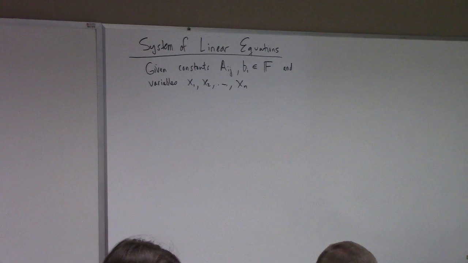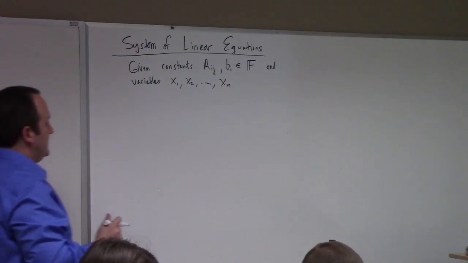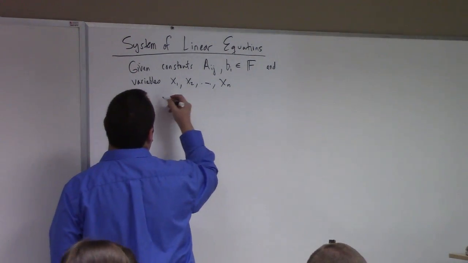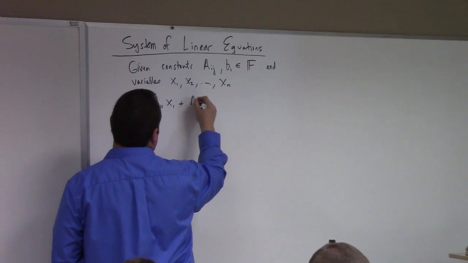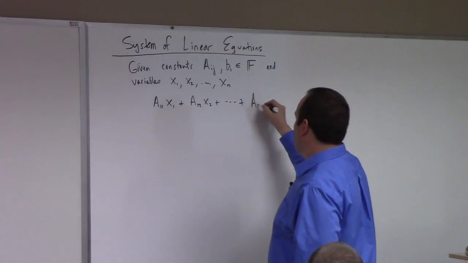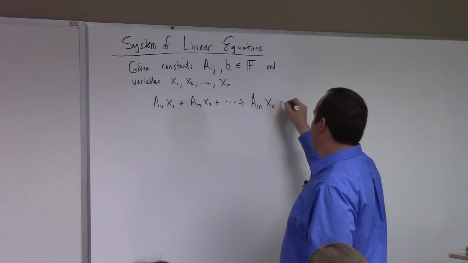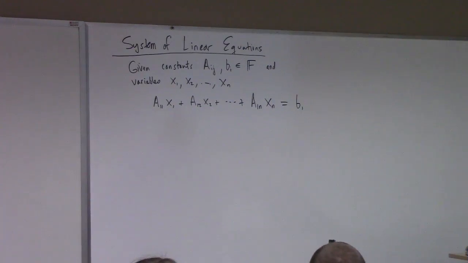So I'm going to give you a definition here for n linear equations in n unknowns, and here's what it looks like. We have a11 x1 plus a12 x2 plus ... plus a1n xn is equal to b1, right? So this is the first equation, right?